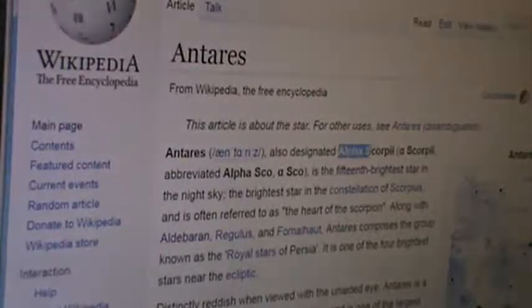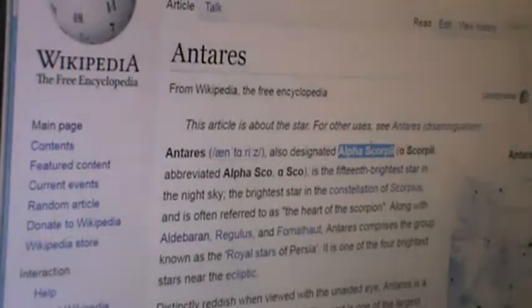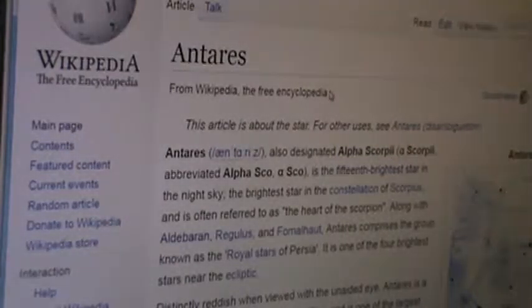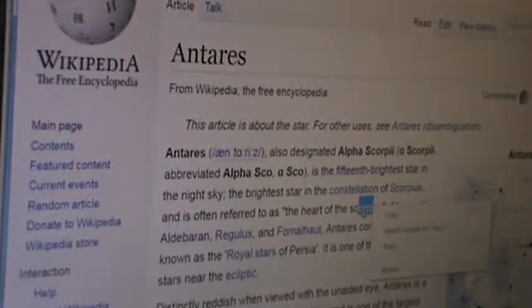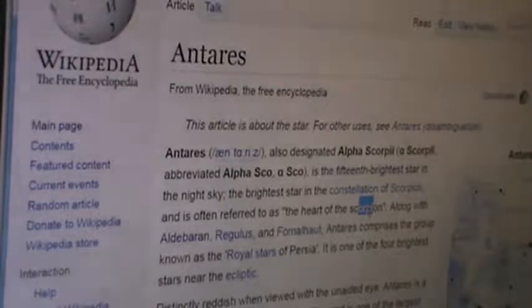Now if you call it Alpha Scorpii, that'll parallel Father. And this is referred to as the heart of the Scorpion. Disturbingly, Scorpion parallels Father. In fact, Father's at the dead center of Scorpion. And Antares is called the heart of the Scorpion.